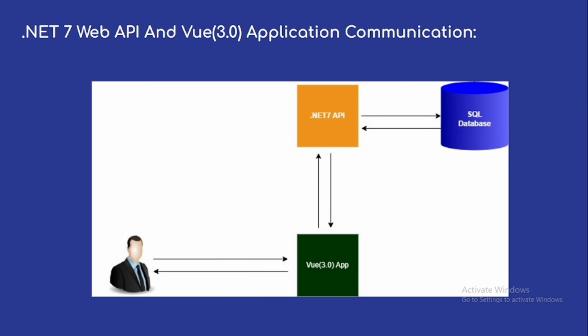So this is a small diagrammatic representation of how a single page application works. Okay, so in a single page application, we should contain two applications. One is a normal JavaScript framework based application like Angular, React, or Vue.js, and another thing is any server side application, that is API.